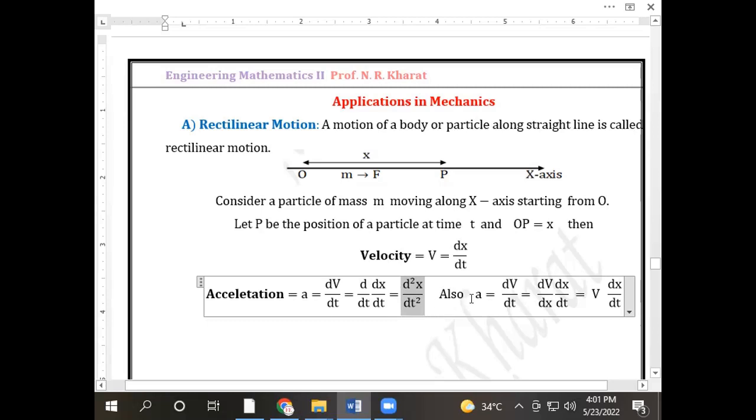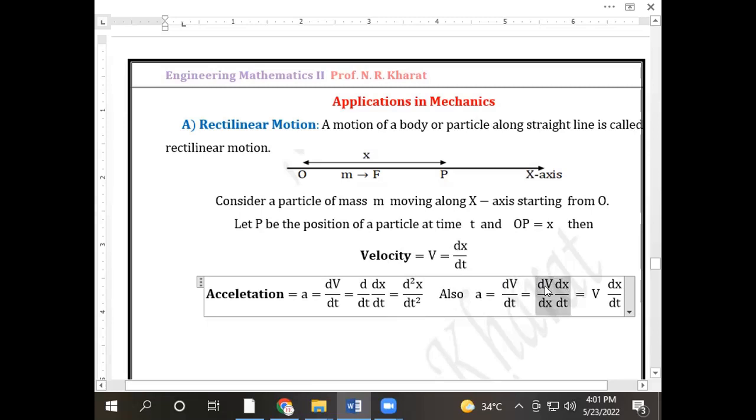Also, we can define this acceleration in terms of velocity and displacement by using the chain rule. So dv upon dt can be written as dv upon dx times dx upon dt.